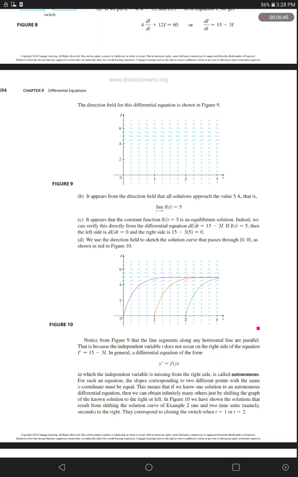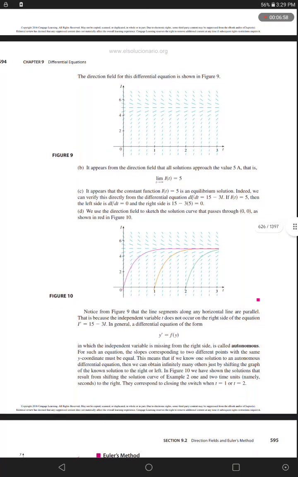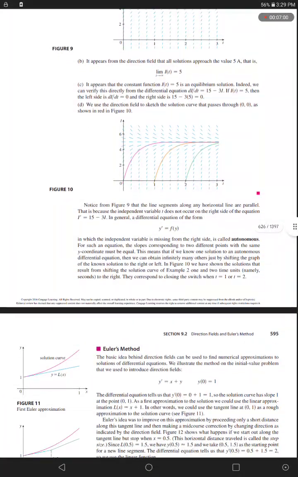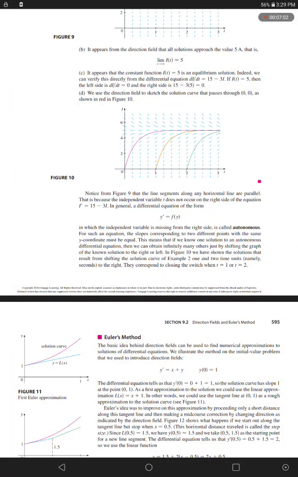Part D. We use the direction field to sketch the solution curve that passes through the point (0, 0), as shown in figure 10. See figure 10. Notice from figure 9 that the line segments along any horizontal line are parallel.